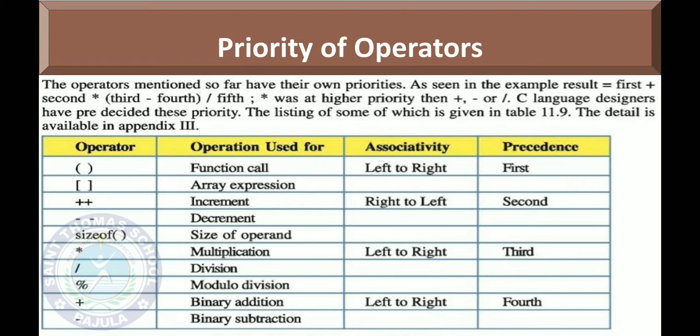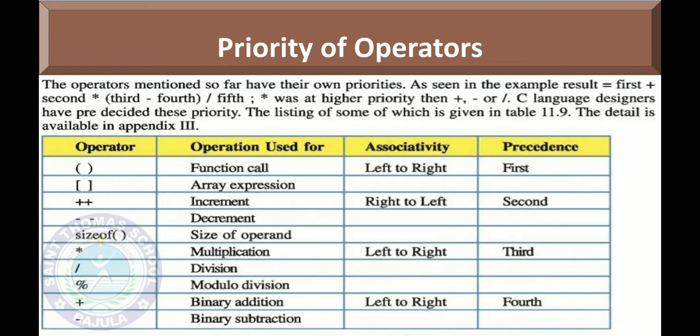So here you can see which operators are allocated in the first, second, third and fourth categories according to the order. And if they are all used in an equation, how will we solve them, or which will we give the first priority? We can decide that from the associativity. So I hope you understood this priority of the operators.